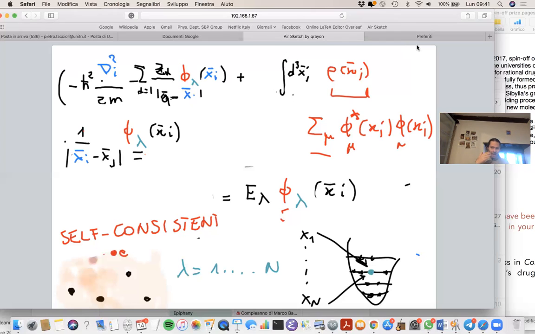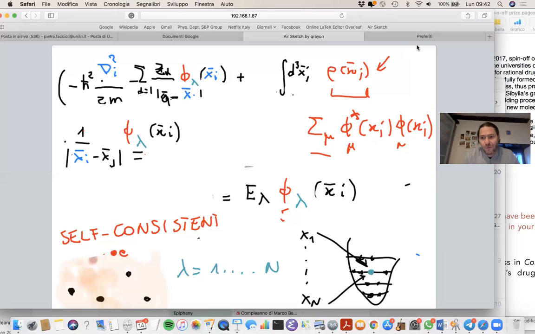Rewind at this point, go back and rewind the lecture based on this sentence, and I think you will be clarified. I need the orbitals, the phi mu, these are the orbitals of phi lambda. I need them all to be able to write down the density that enters the equation that I need to solve to find those orbitals. So I need them as input in the equation, and the output of the equation is the same thing.